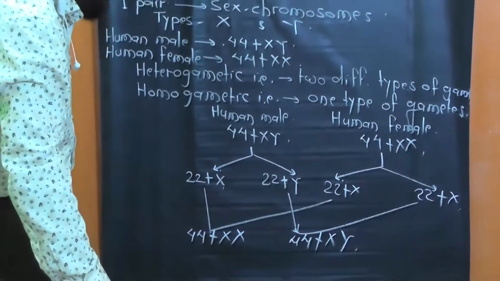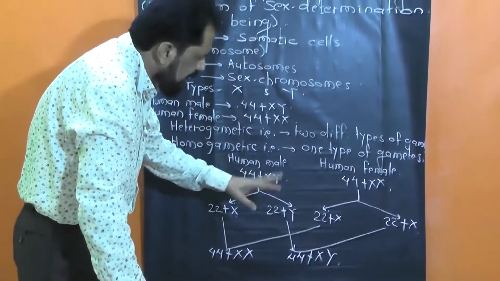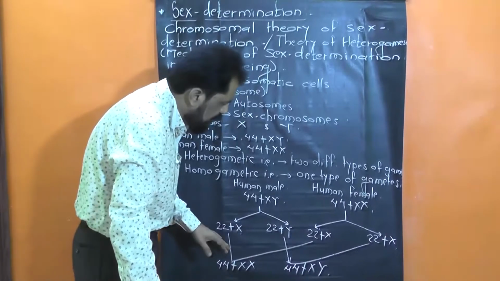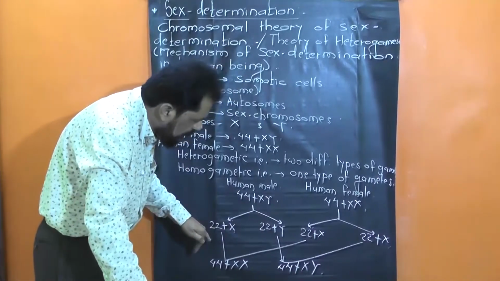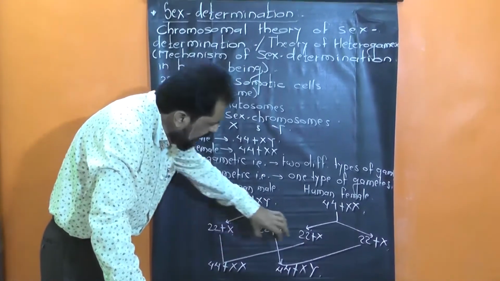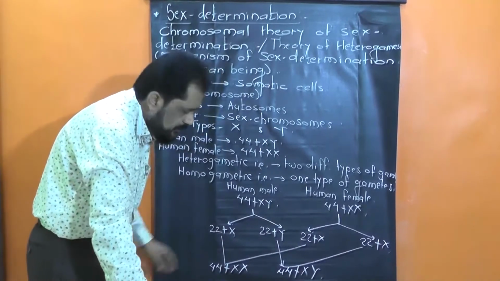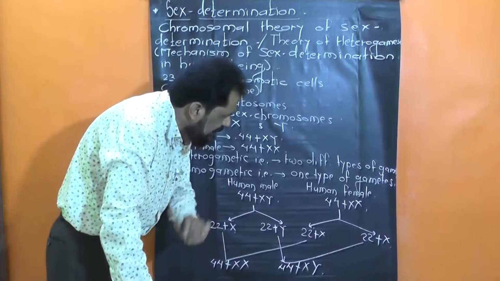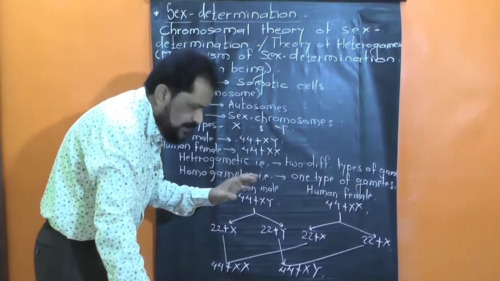It means that during fertilization there is a chance of formation of equal number of male and female individuals. The chances of male individual and female individual are the same.